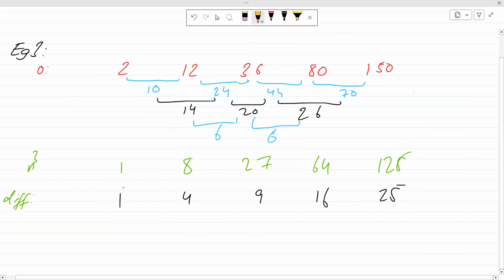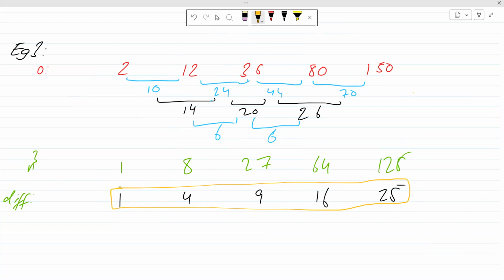Now, this is a special kind of sequence. Do you recognize that? Any idea what the general term is for that? N square.